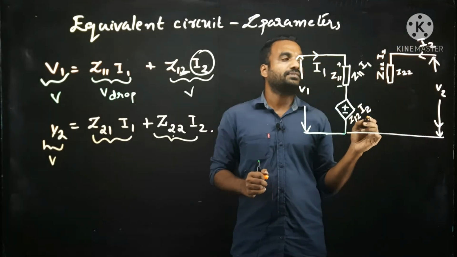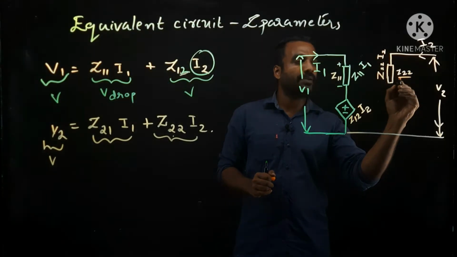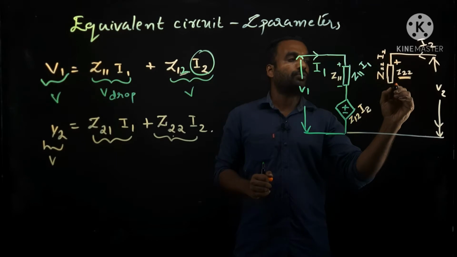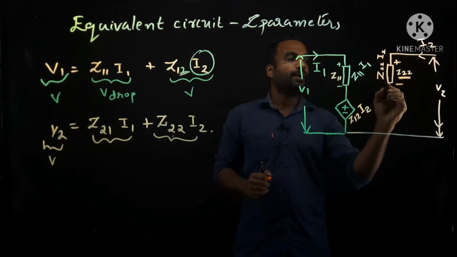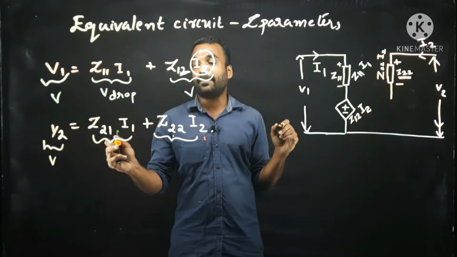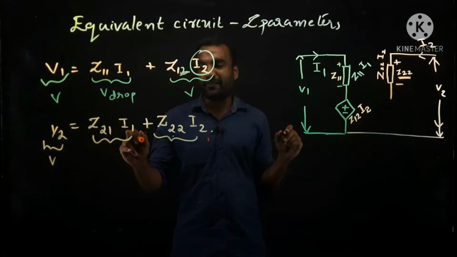As current is entering at the top side, we can mark it as plus minus, and after that it is depending on some other branch current I1.